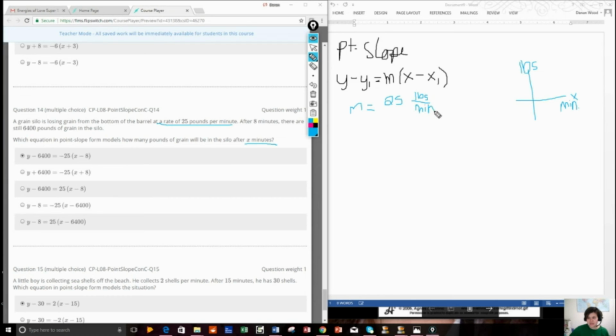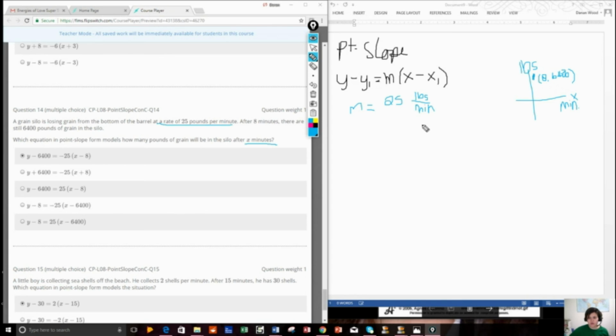25 pounds per minute. Again, we see that the x coordinate is in the denominator of our rate, and the y is in the numerator. After 8 minutes, there were 6,400 pounds. If we were to plot that point, it would be 8 minutes and 6,400 pounds.